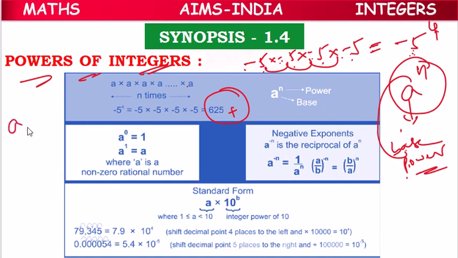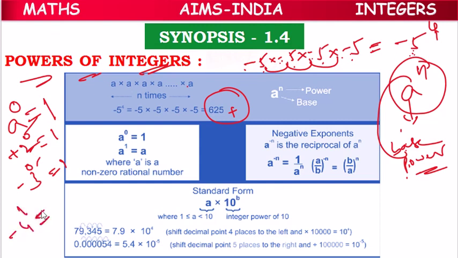So any integer, if it has power 0, then its value is always 1. It may be a positive integer or a negative integer. If we have 0 in the place of the power, its value will be 1. Or any integer, if it has 1 in the power, then its value will be the same as the given integer.